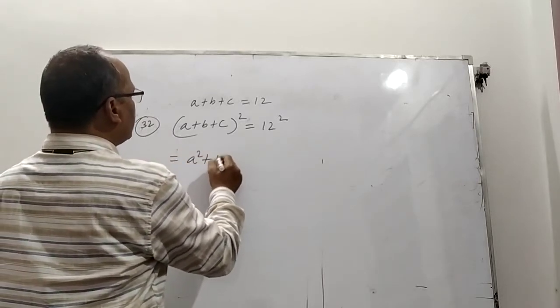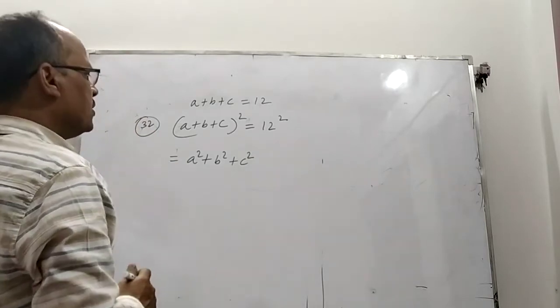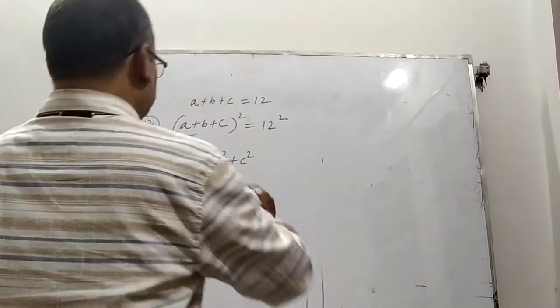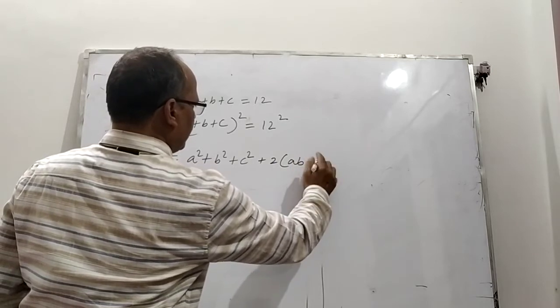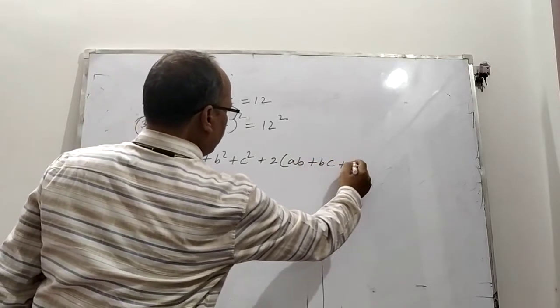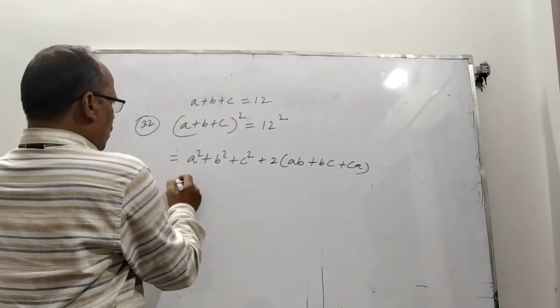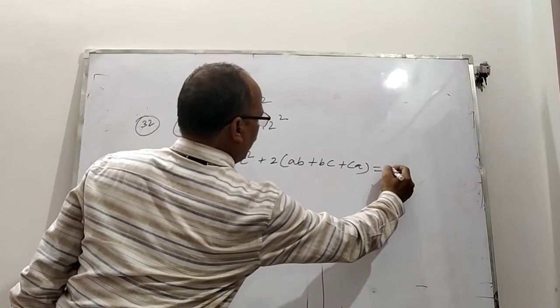A square plus B square plus C square, then plus 2 in bracket AB plus BC plus CA. Clear? So this value will be 144.